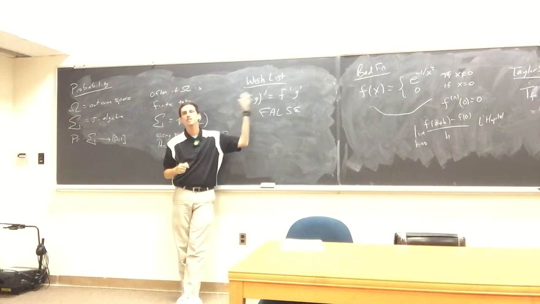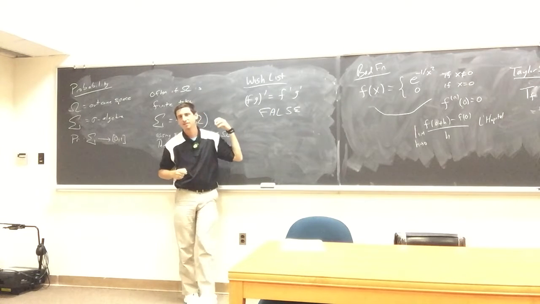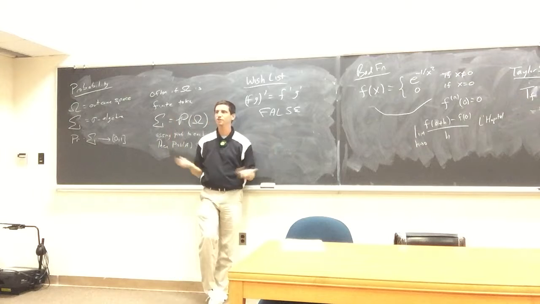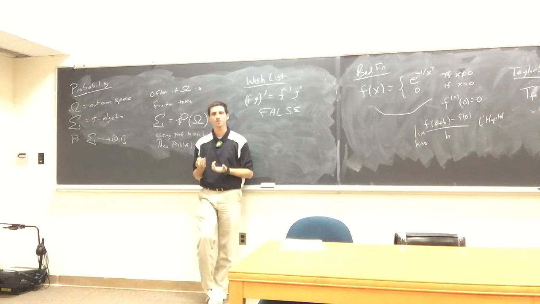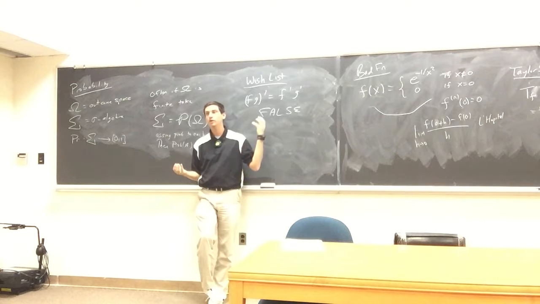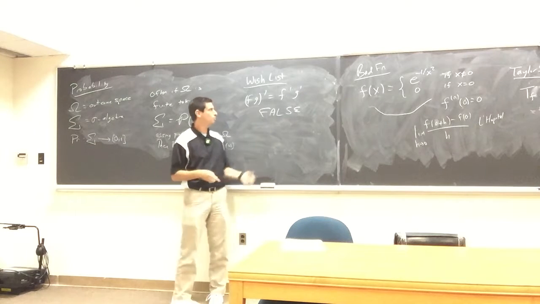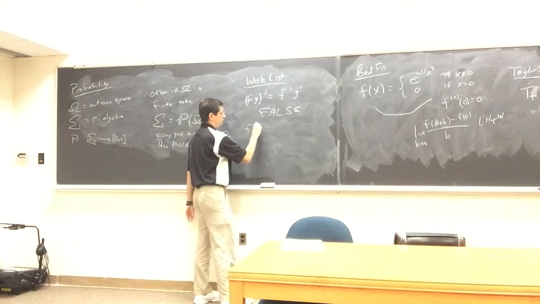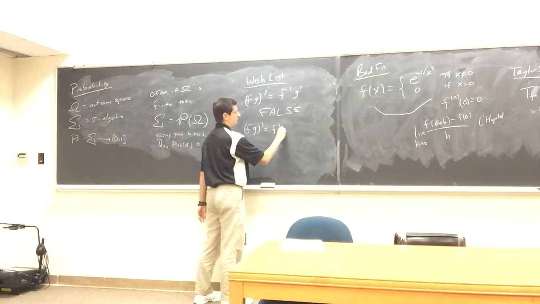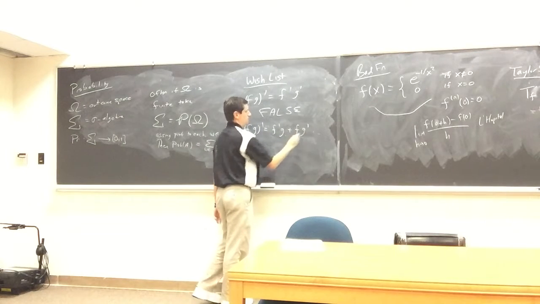But if you could choose how calculus worked, if you were controlling the universe, would you choose the derivative such that the derivative of a product is the product of the derivatives? The derivative of a quotient is the quotient of the derivatives. Right? We don't have that. What we have is the more complicated (fg)' = f'g + fg'.